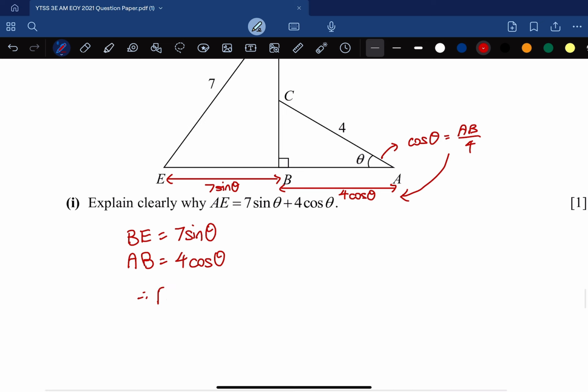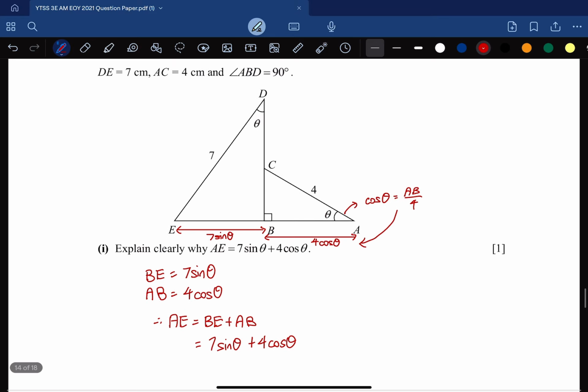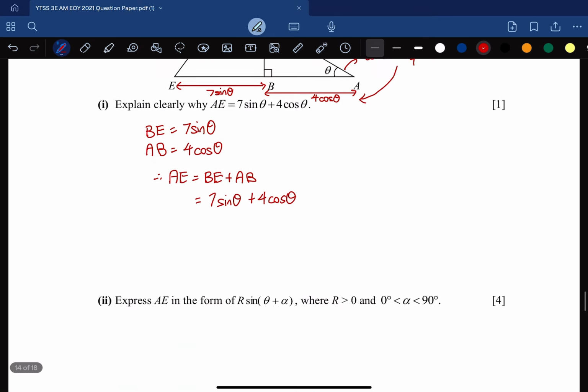And therefore, since AE is equal to BE plus AB, this is equal to 7 sine theta plus 4 cosine theta. This is for part 1. Part 2, express AE in this form.